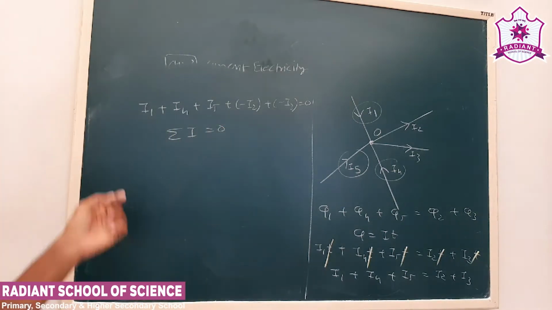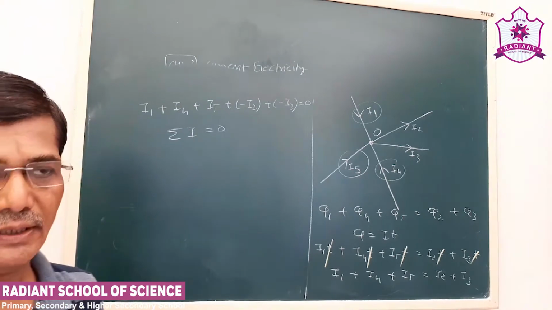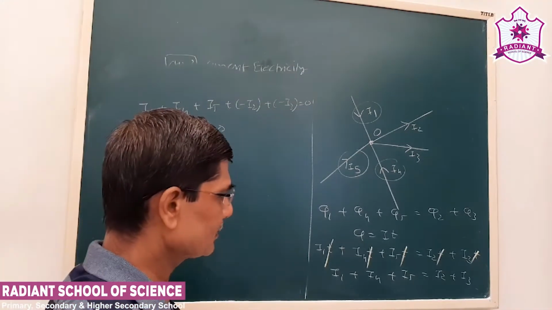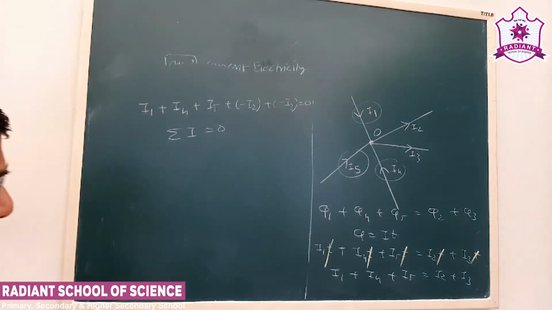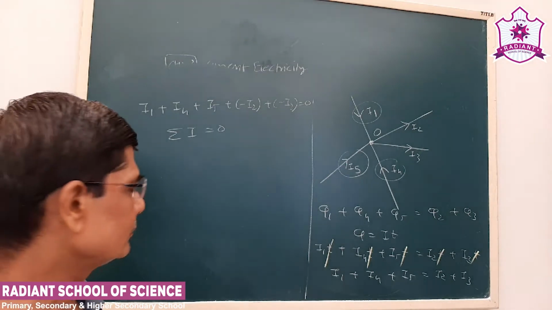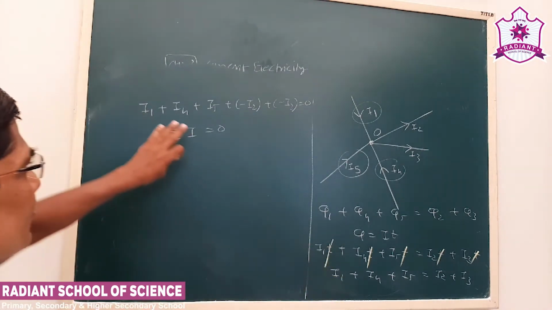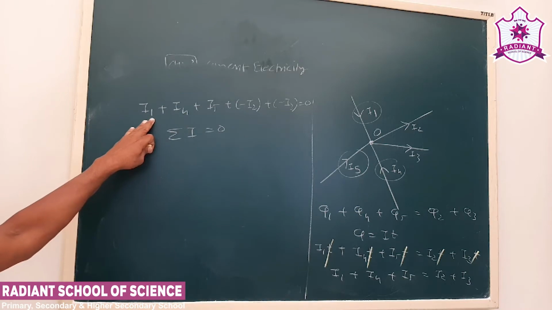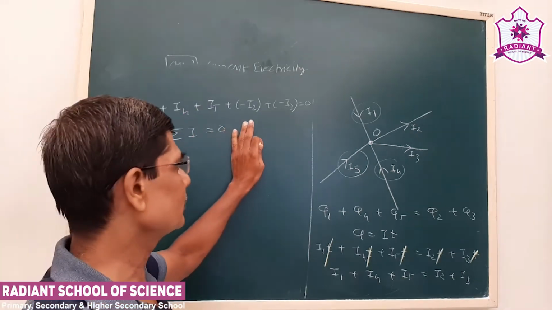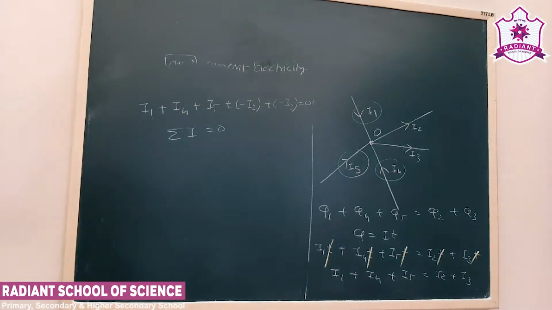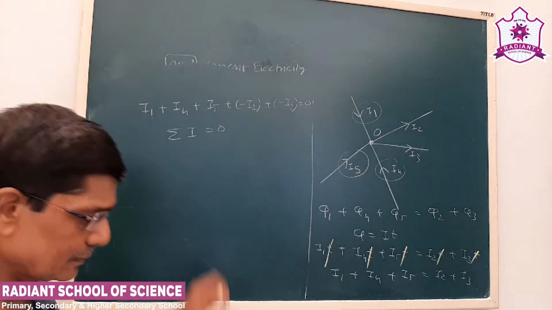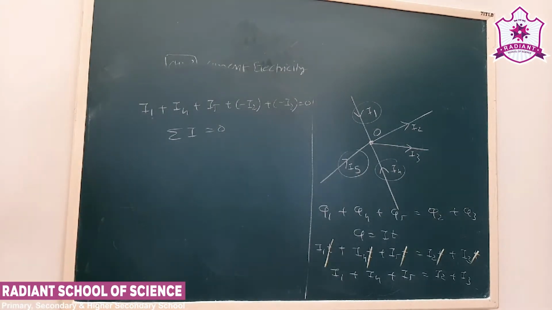That is the equation form of Kirchhoff's first law, that is, the algebraic sum of the currents meeting at a junction is 0. As a convention, current coming toward the junction we take positive, and moving away from the junction is negative. But if we take the opposite of this, then also we will get the same result. That is Kirchhoff's first law.